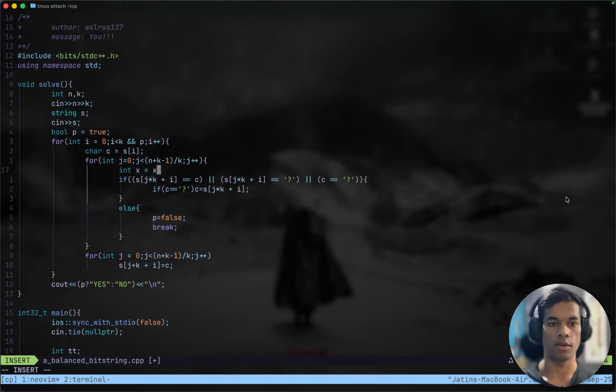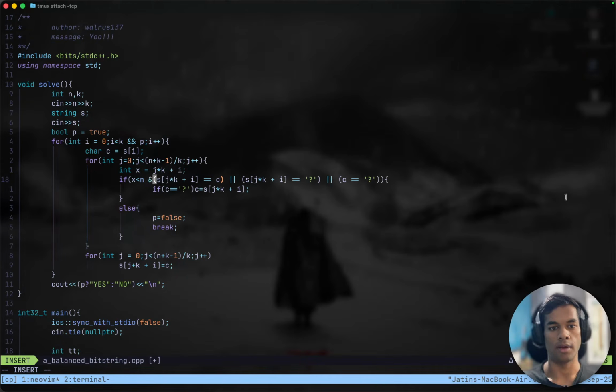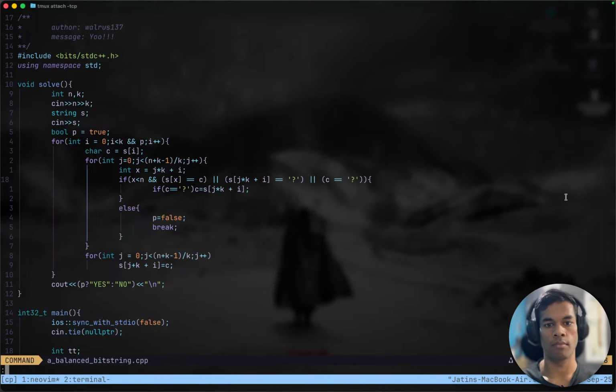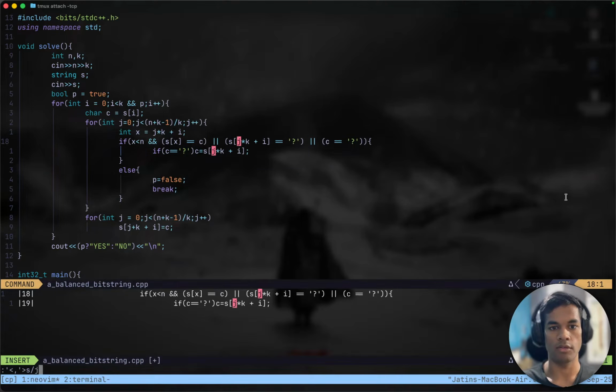Let's say x equals j into k plus i, and here I will say if x smaller than n and all of these. Yes, replace the occurrence of j into, like, shit.